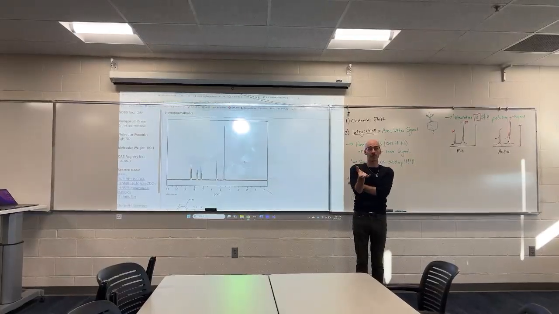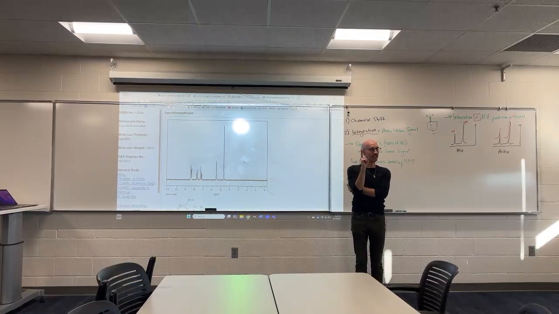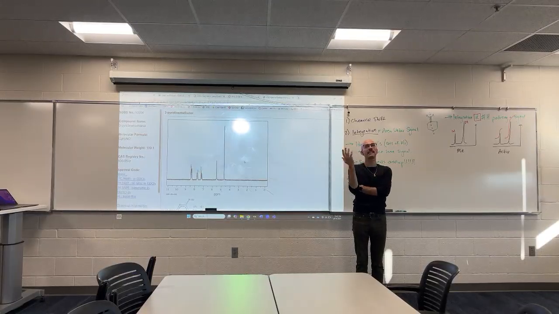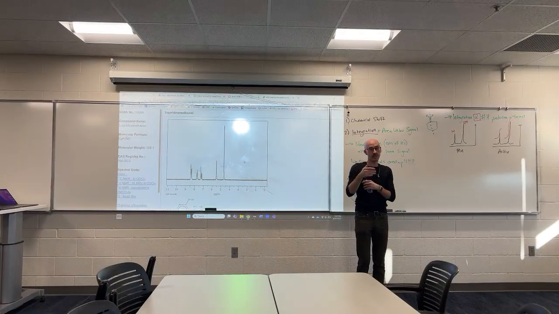And the computer doesn't know how many hydrogens are there. So the computer will pick one signal and it will normalize that integration to 1, regardless of if there's 1 hydrogen producing that signal or 18 hydrogens producing that signal. It just normalizes it to 1. So here's the thing.